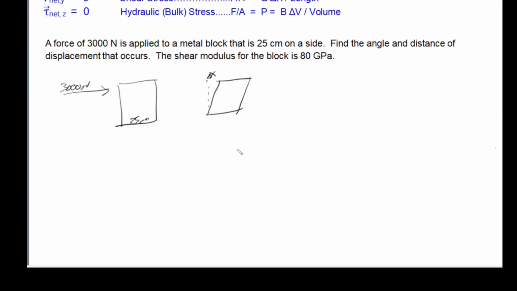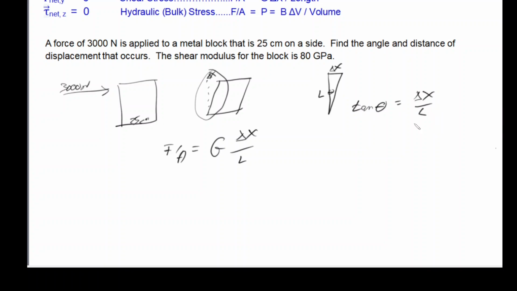So we write down our equation. Force over area is equal to shear modulus times delta x over L. And as described earlier in this video, if we look at this part right here, you have L, delta x, and let's call that theta, then the tan of theta is equal to delta x over L. So if we substitute this in here, we get F over A is equal to G times the tan of theta.